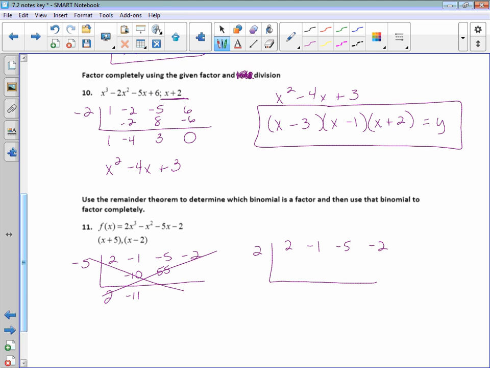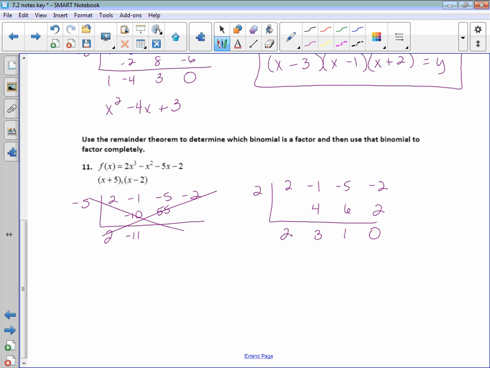Okay, for it to work, for it to be a factor, what would I need my remainder to be? 0. Okay, I'm getting negative 5 plus 55 and then times 5. Is there any chance? Okay, so stop. But your 2 should work.